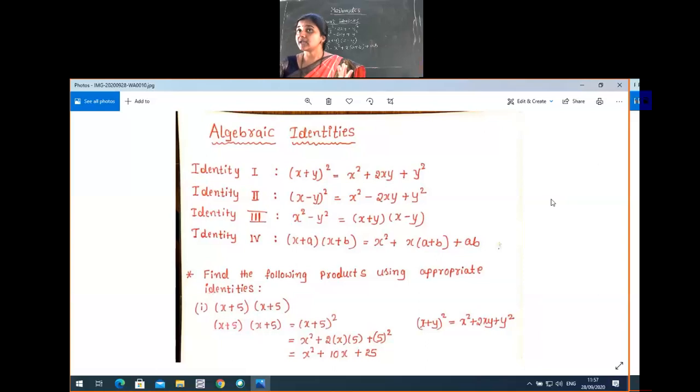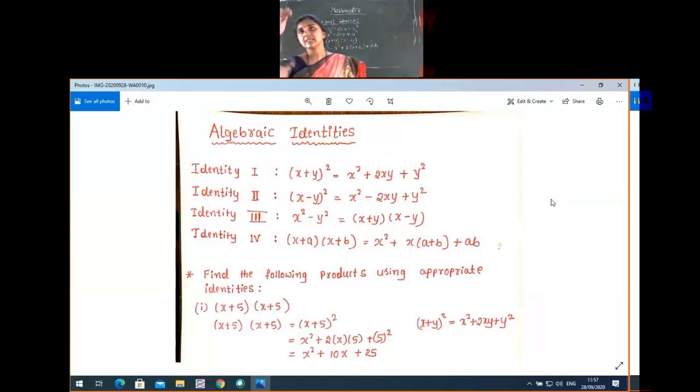How did you get x plus y whole square expansion as x square plus 2xy plus y square? You already got the explanation in 8th standard. That's why I don't want to repeat the derivation of the formula. Whichever new formulas come now, for those I'll give the derivation.